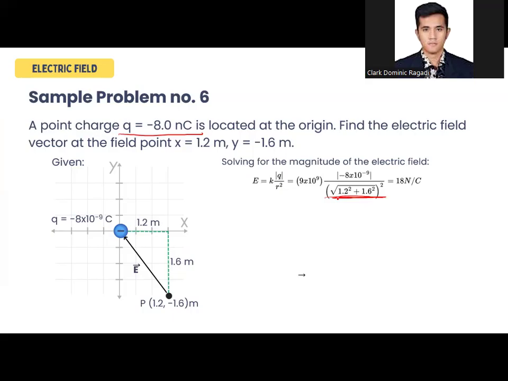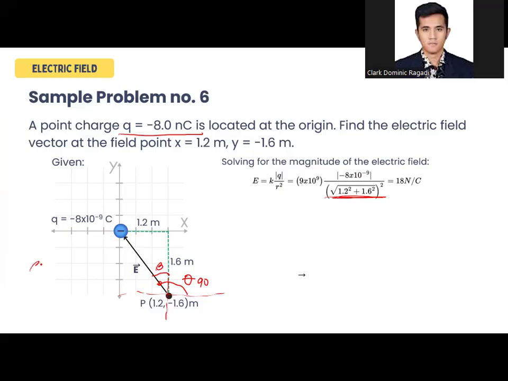So let's solve for the direction of that electric field. Again, we're going to start at the tail of the vector. If we draw an imaginary axis here, then measure the angle from the positive x-axis, that would be our direction. Basically, that is 90 plus this angle. Let's call that angle beta.